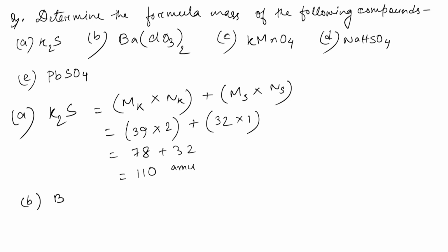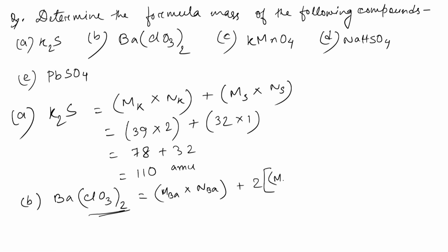Ba(ClO3)2. So mass of barium into number of barium plus, now this is whole 2, right? So 2 into mass of chlorine into number of chlorine plus mass of oxygen into number of oxygen.